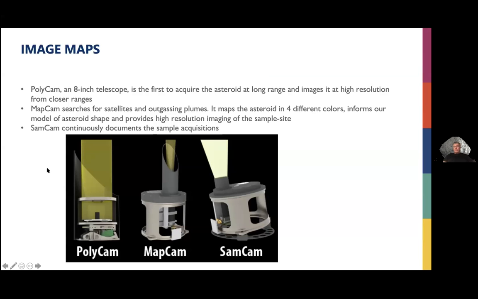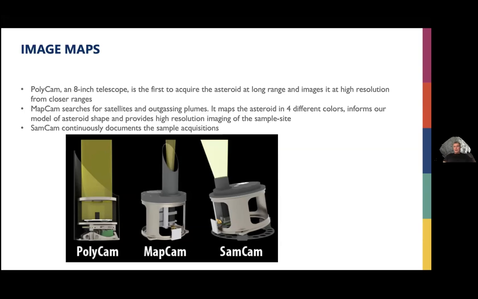And then here's the 3 cameras. So PolyCam, an 8-inch telescope. That's where we got our first images of OSIRIS-REx when it just looked like a spot, a single pixel. But it was also used with some different focusing right up close to the asteroid and gave us our finest resolution images of the sample site.